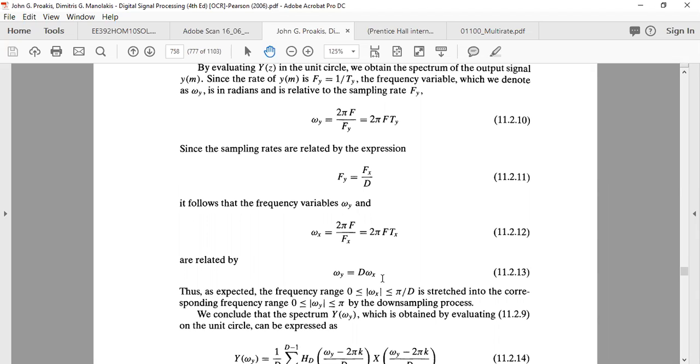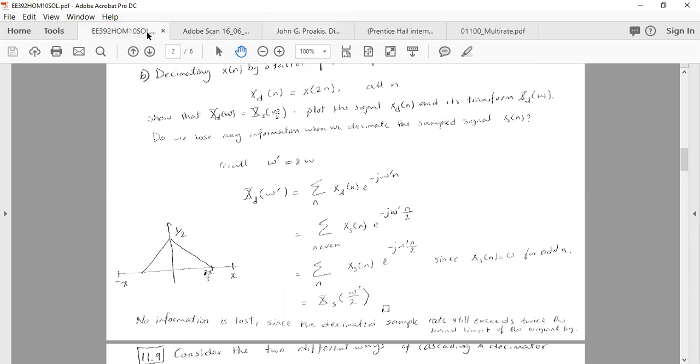So that is what this is. In our case, d is 2, and omega x is just represented by omega, while omega y is represented by omega bar. So let's avoid this at the moment.